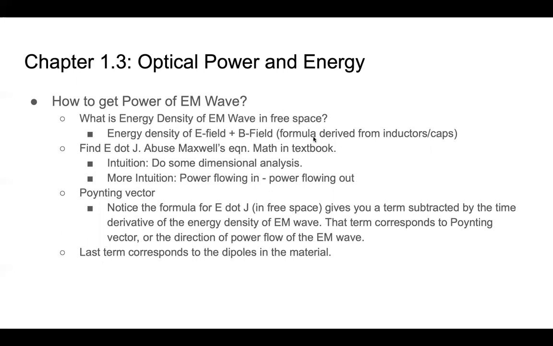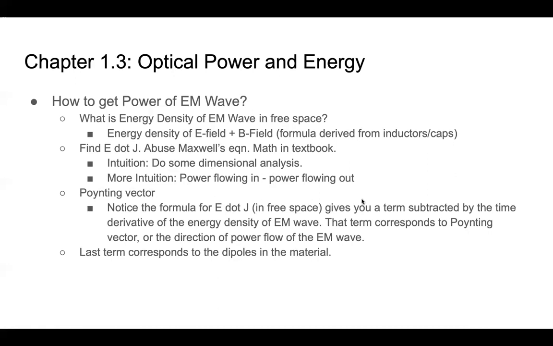You can derive this formula by thinking about how energy is stored in inductors and capacitors. Basically, you want to find E dot J because if you do the dimensional analysis, the units work out, so you get power.